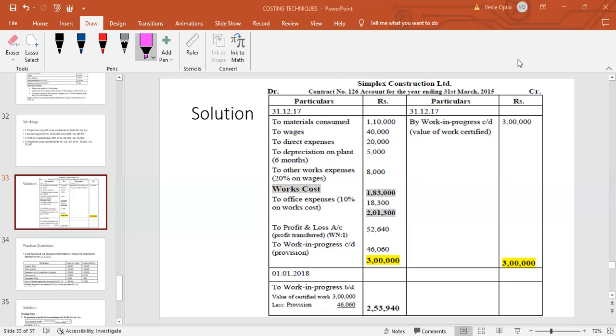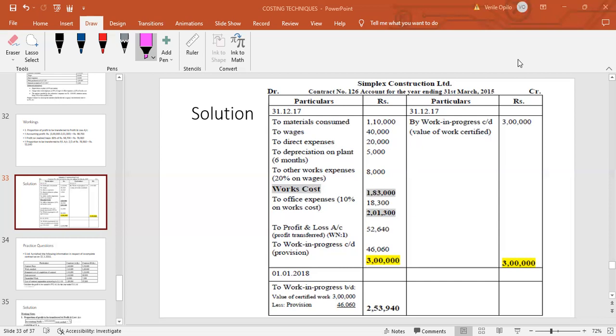So for the lifetime of this contract, from the beginning to the end, how much are you likely to make as profit? The notional profit is for this particular year, given the amount of work we have done: how much profit have we made, given the work that has been certified and the cost that we have incurred. So on a yearly basis, the company will be computing the notional profit.